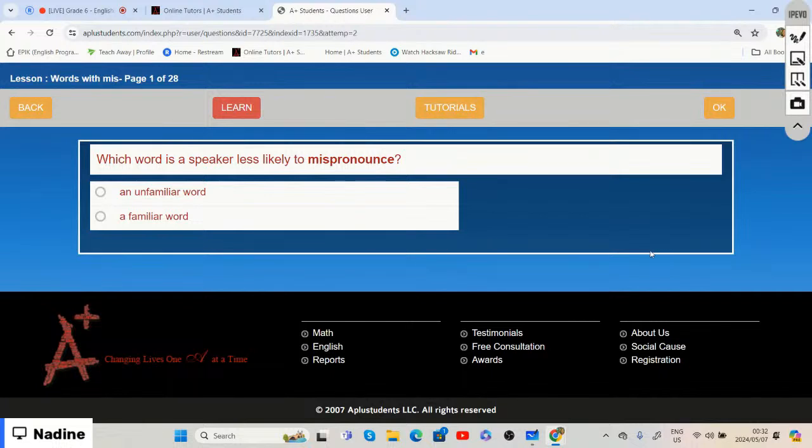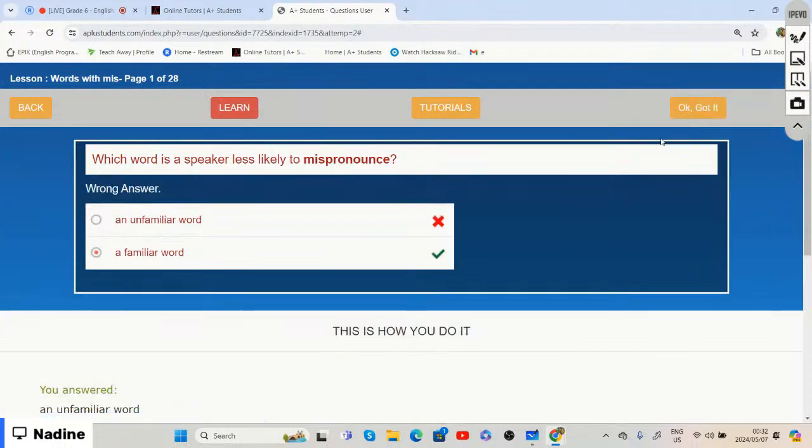All right. So which word is a speaker less likely to mispronounce? We would then say an unfamiliar word, because remember, you don't know.